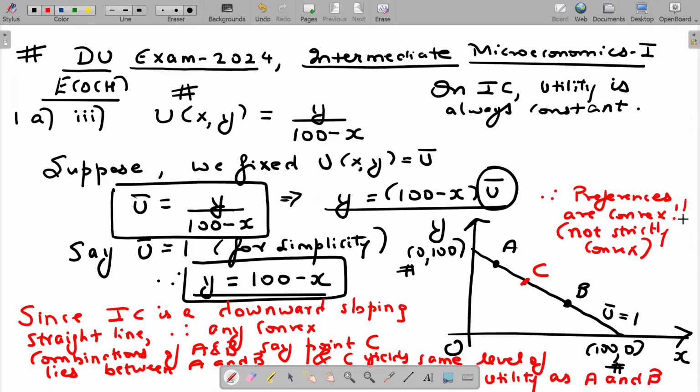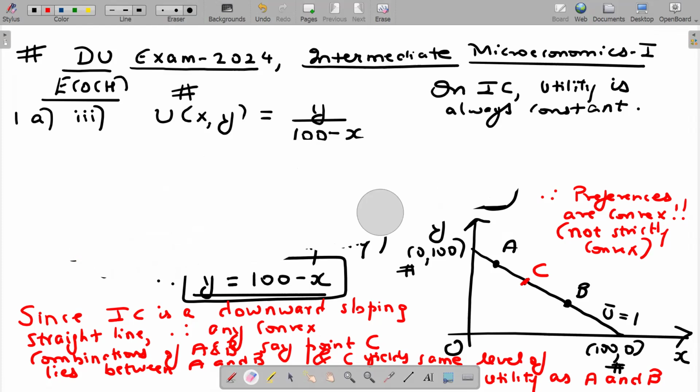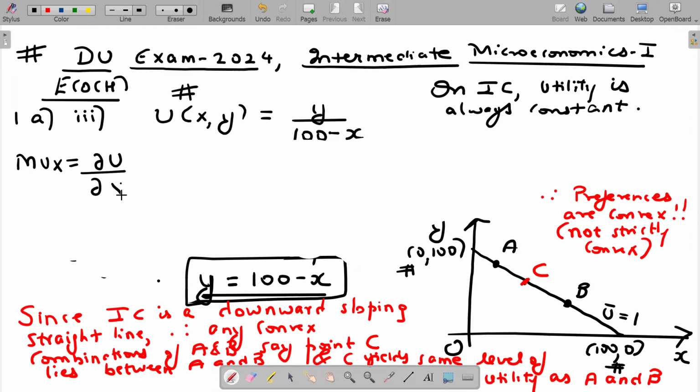To check for monotonicity, guys, what do we need to do? Calculate the marginal utilities, MUX and MUY. If I erase this off, let's calculate MUX and MUY. Okay, so what is MUX? It's the partial derivative of the utility function with respect to x.